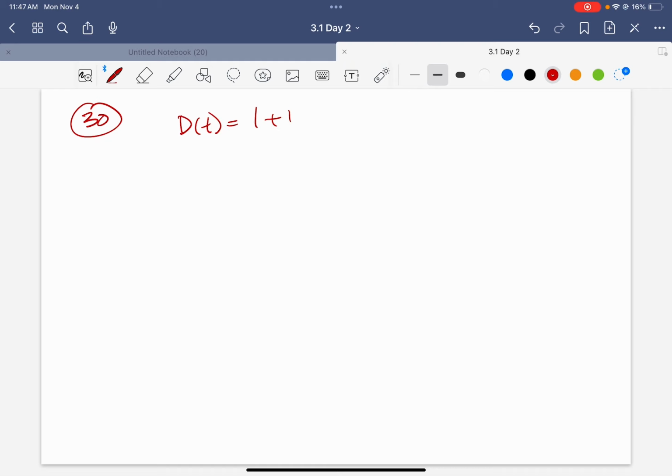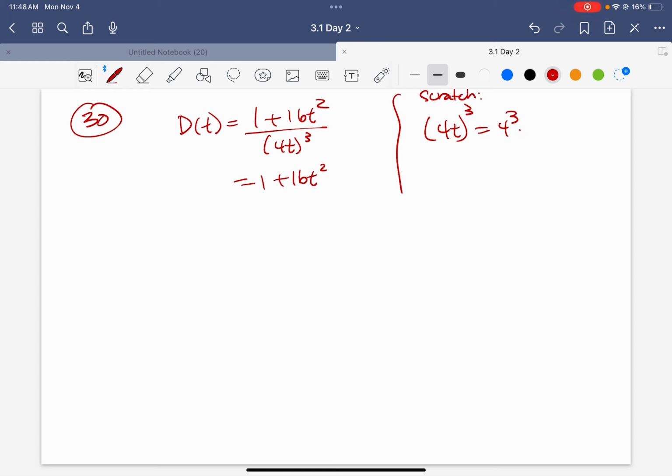So here, if I have this t squared over 4t to the 3rd, the first thing I'm going to do is notice that 4t to the 3rd, over here in my scratch, is just 4 to the 3rd times t to the 3rd, or 64t to the 3rd. So over 64t to the 3rd.